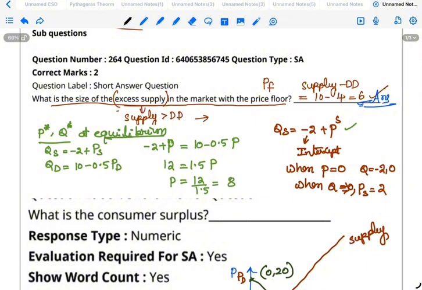That is the P star value. This value is P star equals 8.